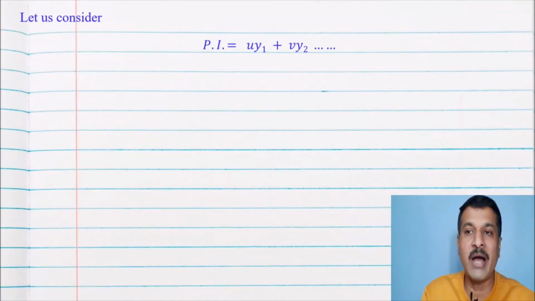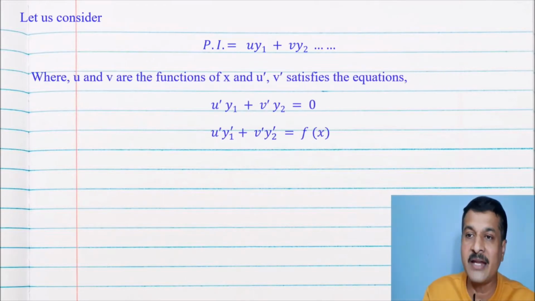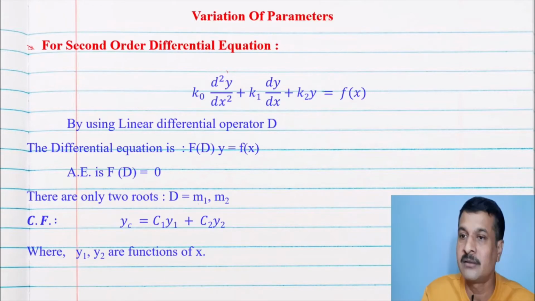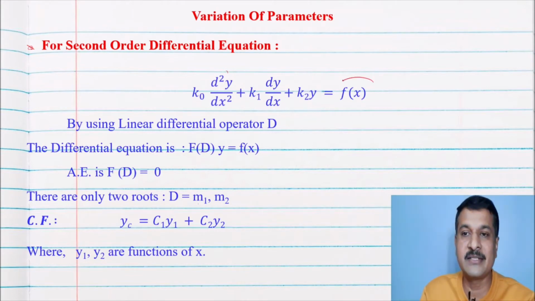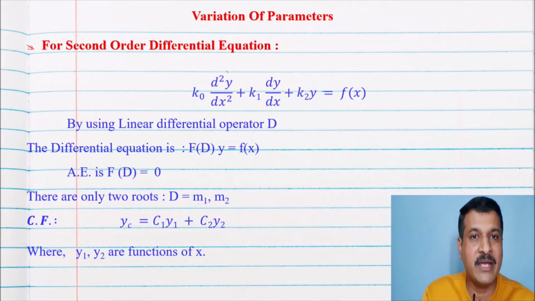That is u y1 plus v y2, where u and v are functions of x, and u dash, v dash satisfy the equations u dash y1 plus v dash y2 equal to 0, and u dash y1 dash plus v dash y2 dash equal to f of x. What is this f of x? f of x is nothing but the right hand side of the differential equation.